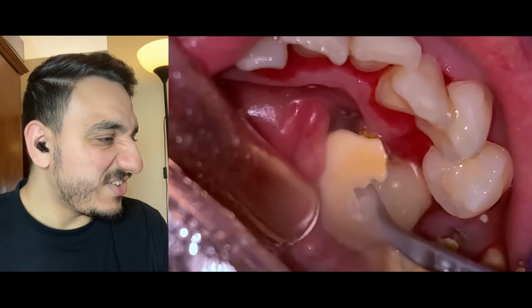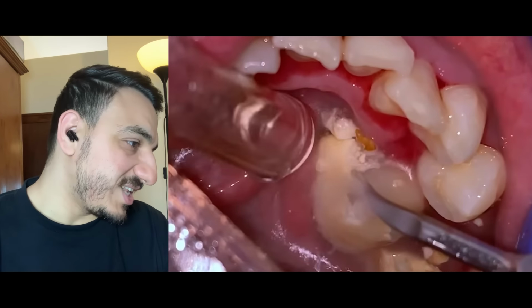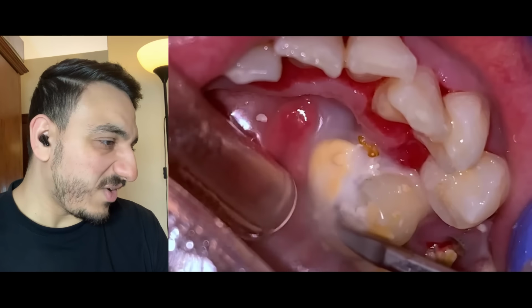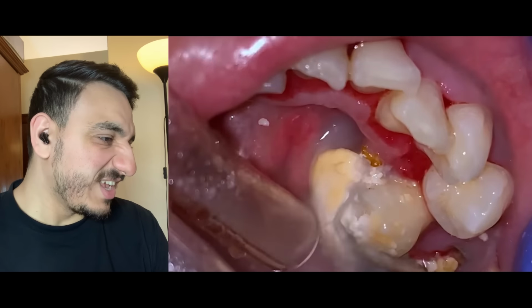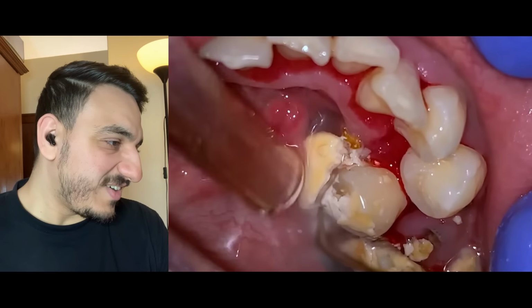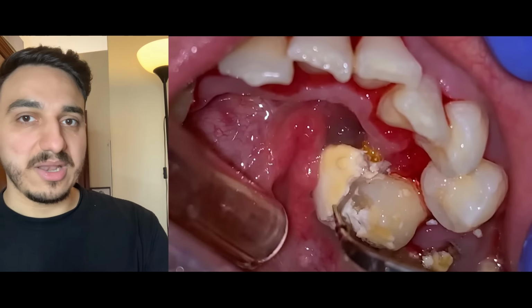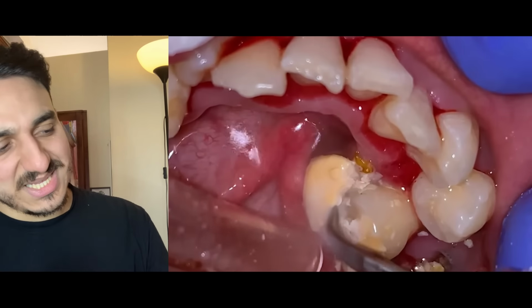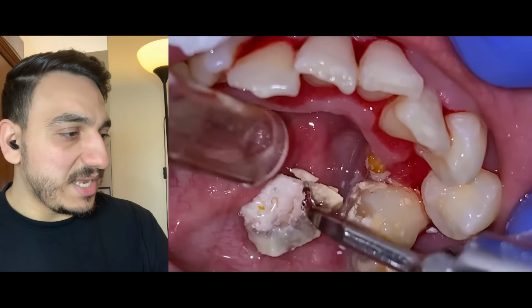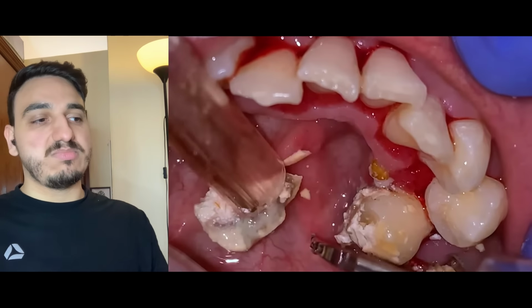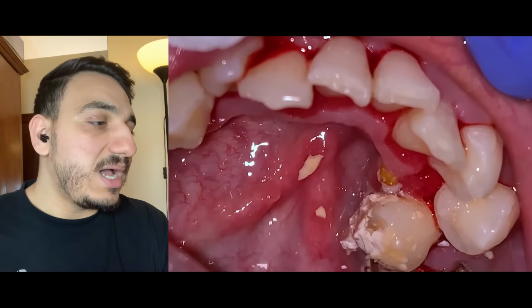I'm actually excited to see what is underneath that huge chunk. So as I said, it looks like a displaced tooth toward the lingual, lingual as in toward the tongue side. Of course, as I said, this person looks like they have crowding.